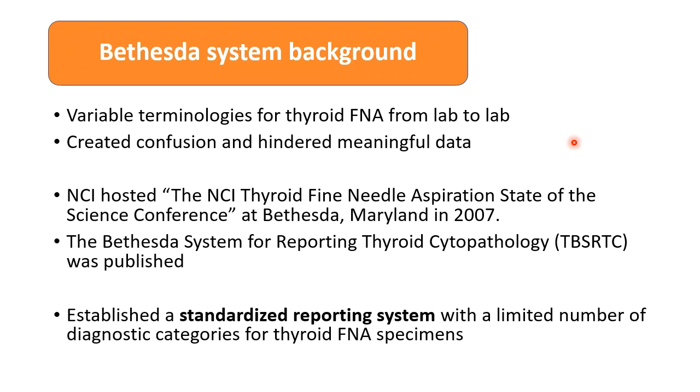So the National Cancer Institute hosted, in 2007, the NCI Thyroid FNA State of the Science Conference at Bethesda, Maryland. And in 2007, the Bethesda System for Reporting Thyroid Cytopathology was published, and this established a standardized reporting system with a limited number of diagnostic categories for thyroid FNA specimens.